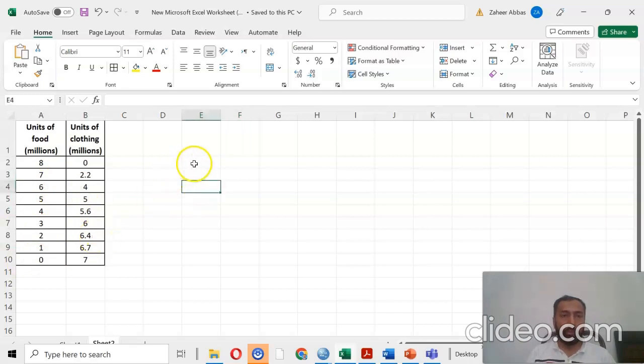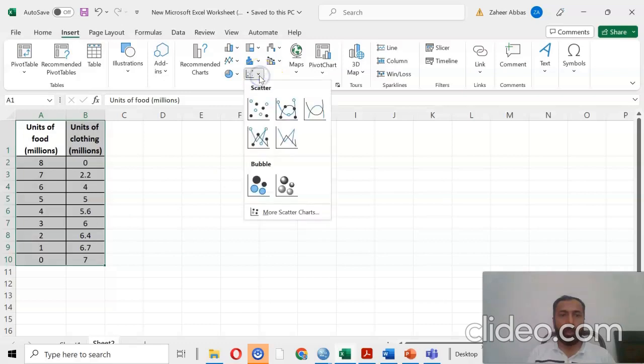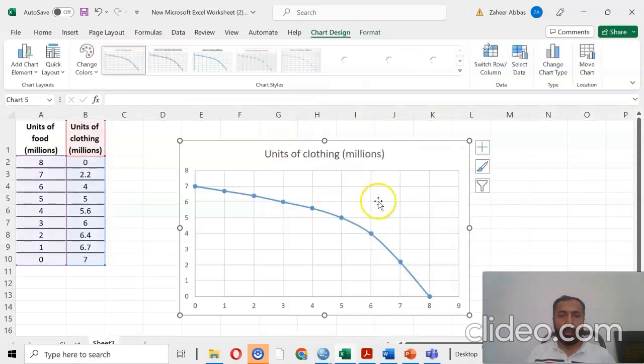So to get an idea of how to make this PPF, let's select these two variables. Go to the insert and select these charts, and then you can select this second option graph, and see here that it has made a production possibility frontier for us using this data.